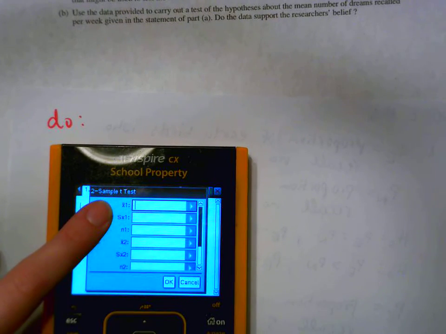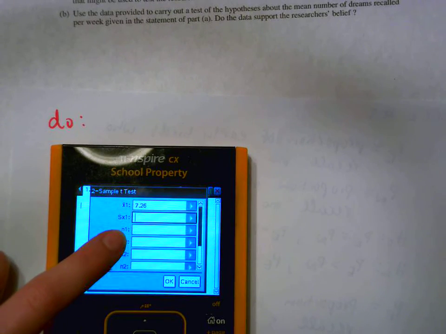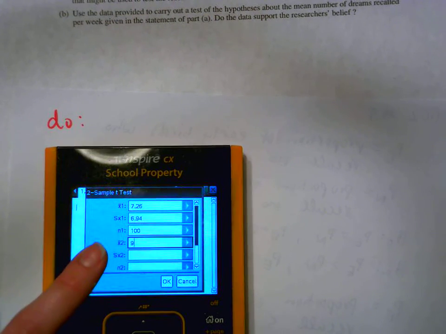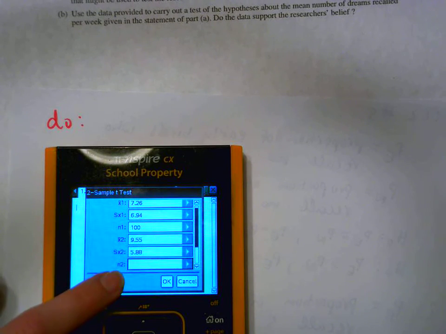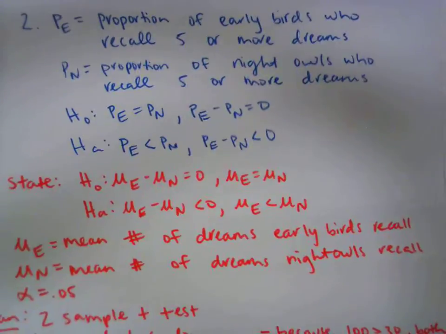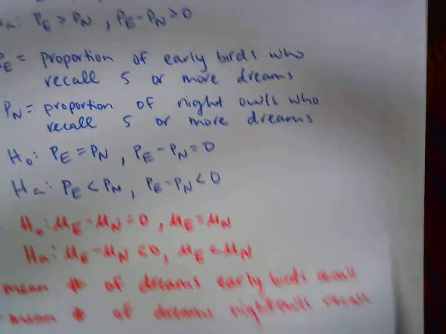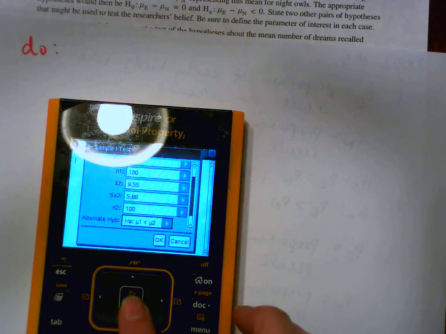That's going to be our E, so our sample mean for early birds was 7.26, our standard deviation was 6.94, and our sample size was 100. Now we do night owls: 9.55, 5.88, and 100. Then our alternative is that E, which is our 1, is less than N, which was 2. So change that to 1 is less than 2.